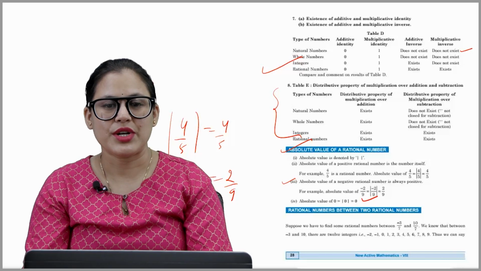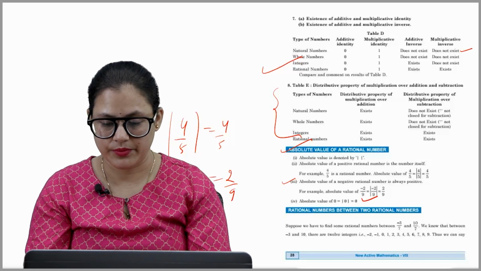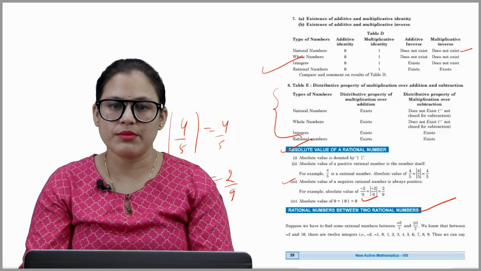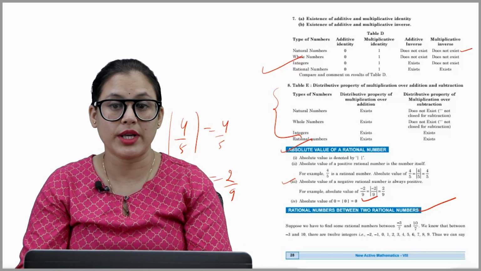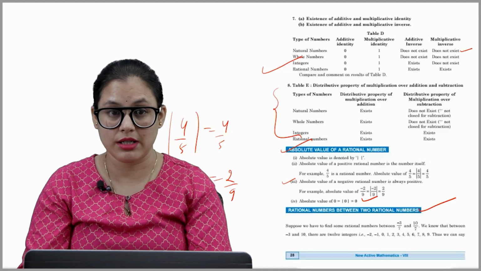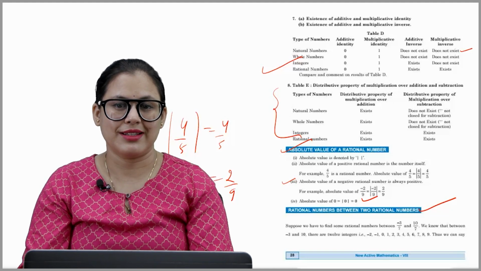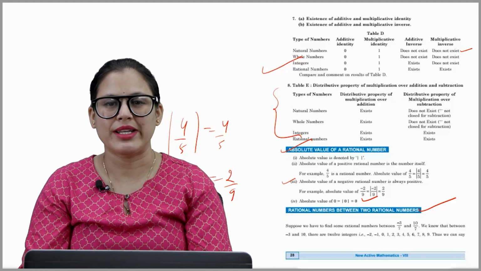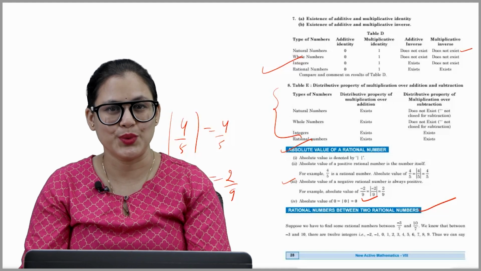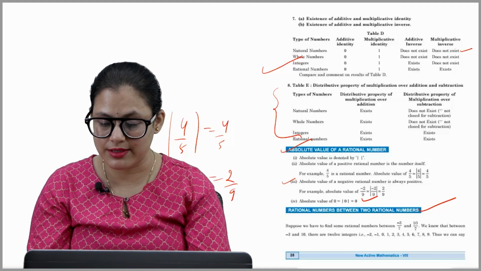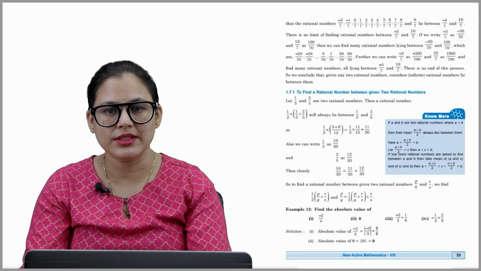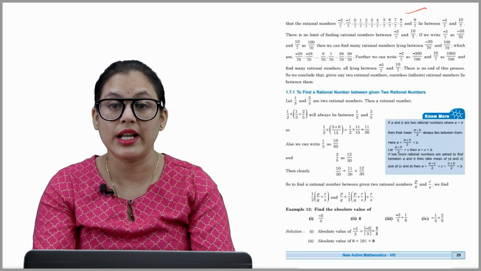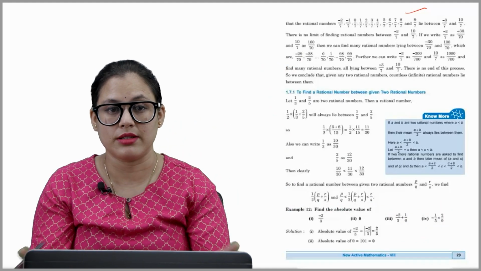Okay. Next, rational numbers between two rational numbers. Suppose we have to find some rational numbers between minus 3 by 7 and 10 by 7. We know that between minus 3 and 10, there are 12 integers, that is minus 2, minus 1, 0, 1, 2, 3, 4, 5, 6, 7, 8, 9. Thus, we can say that these rational numbers are lying between minus 3 by 7 and 10 by 7.